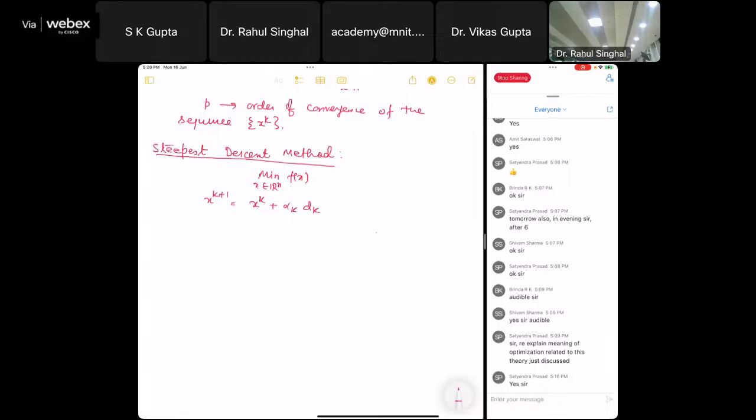Now, from xk to xk plus 1, as I told you, there are infinitely many directions. Suppose in which direction one should move so that the value of f decreases.